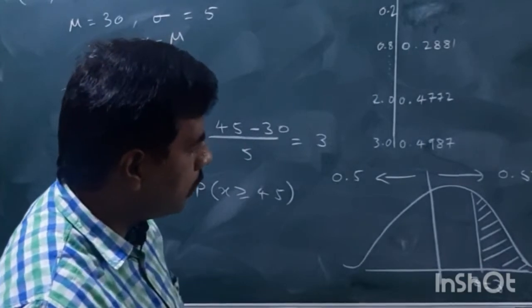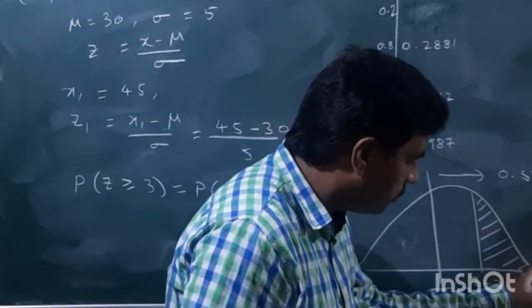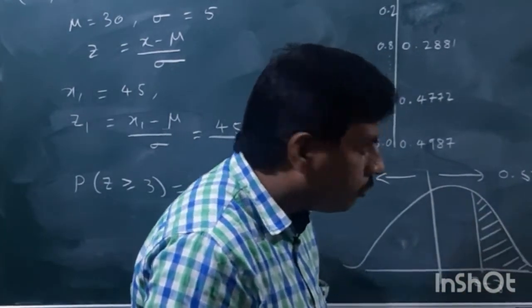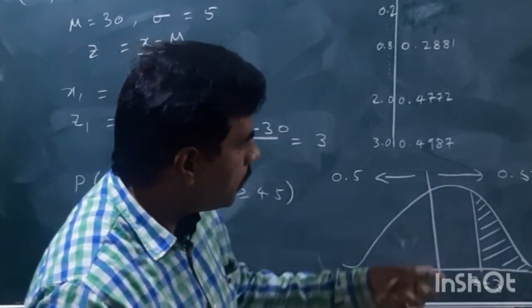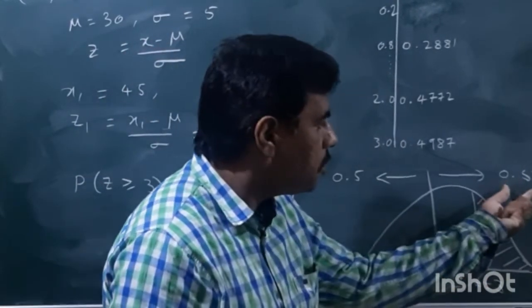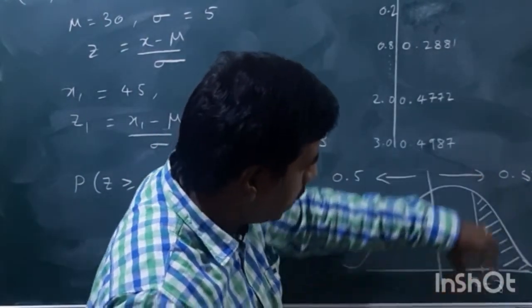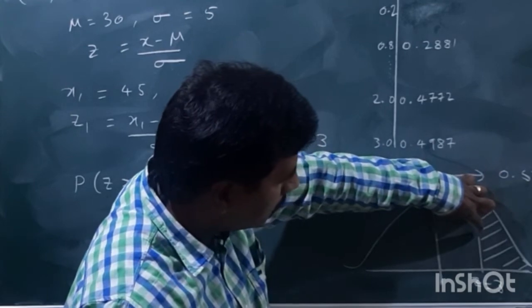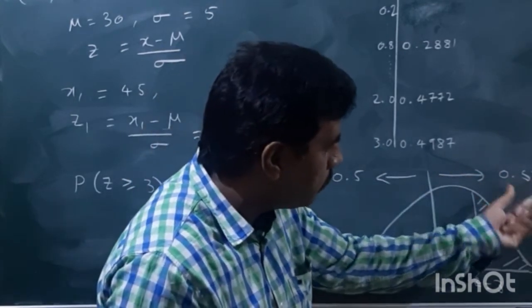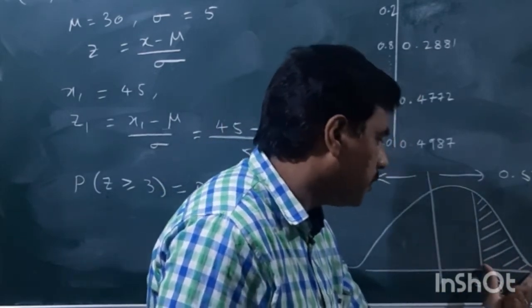Therefore to get the area under this curve, that is the probability when z is greater than or equal to 3, we have to subtract the area between 0 and 3 from 0.5. We have to eliminate this area from 0.5, then we get the remaining area which is required.